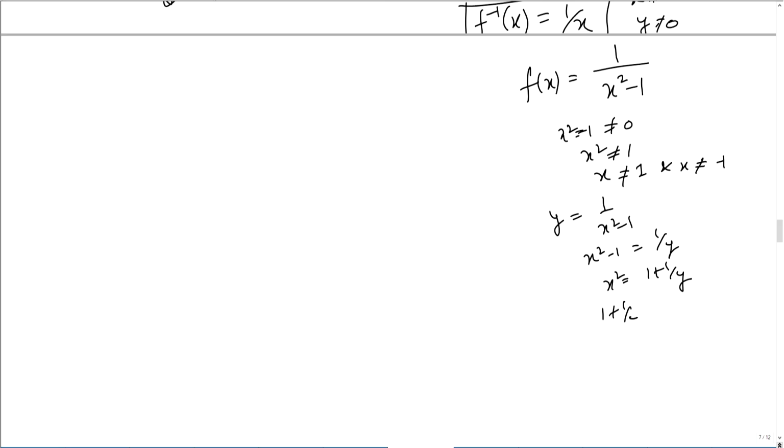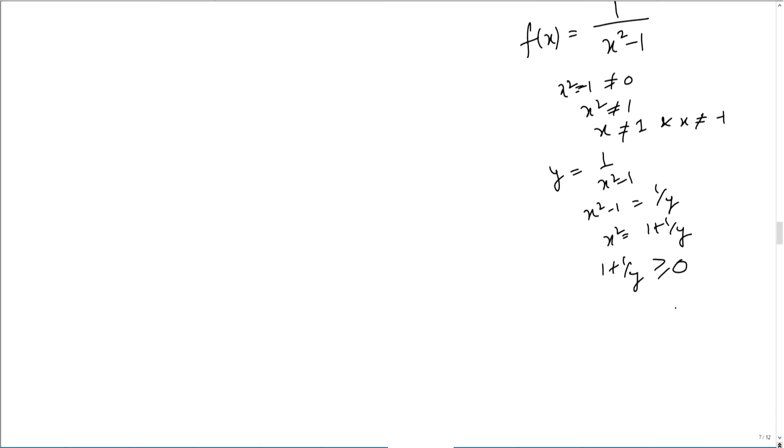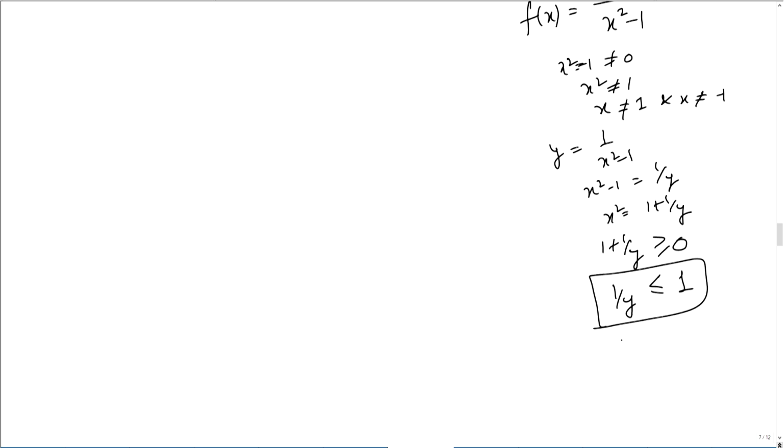So 1 plus 1 by y is greater than or equal to 0. That means first, y cannot take 0. Second thing, the only way this can be greater than or equal to 0 is something like this. So let's say 1 by y is less than or equal to 1. This is one way, right?